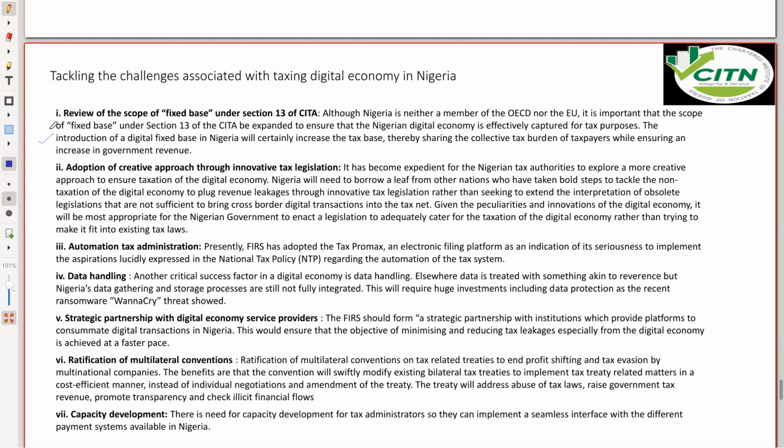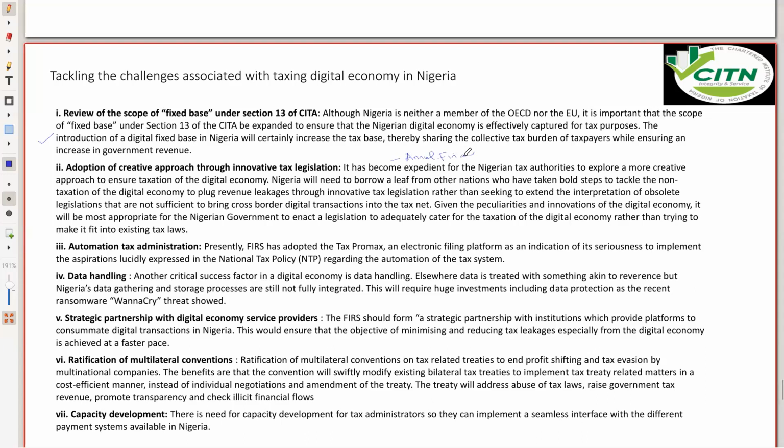The second approach that has been adopted is the adoption of a creative approach through innovative tax legislation. So there's a need to look at this, and as a country, we continue to look at what other countries are doing. We continue to see how we can make changes to improve our tax law. And that is why we would often have our annual Finance Act.